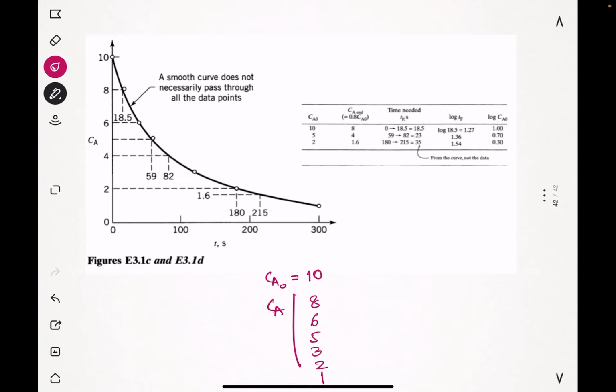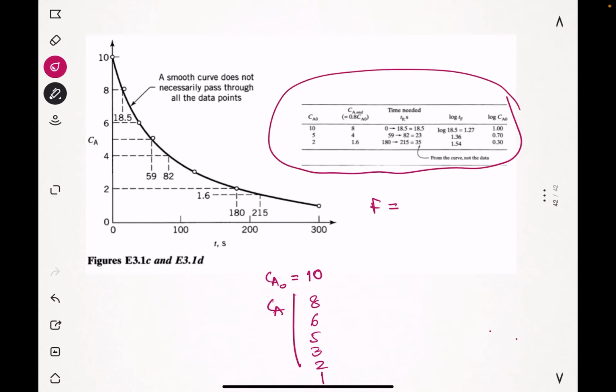So we can go for different approaches. We can use any value of f. So it may be 0.5, it may be 0.8, it may be 0.4, whatever is supported by our available data. In this worked out problem, if you look into the table on the right hand side, the F, or the fraction remaining of the reactant used, was 0.8.